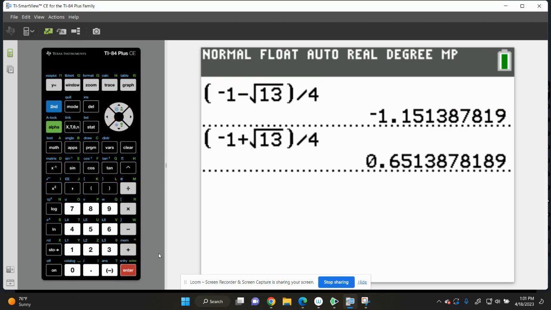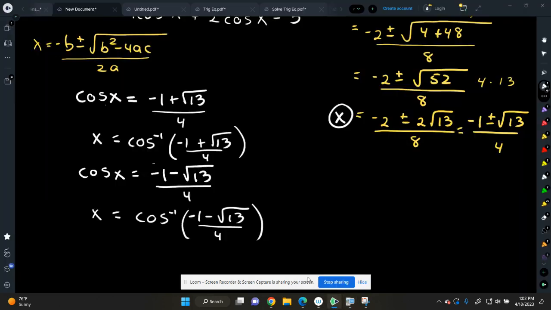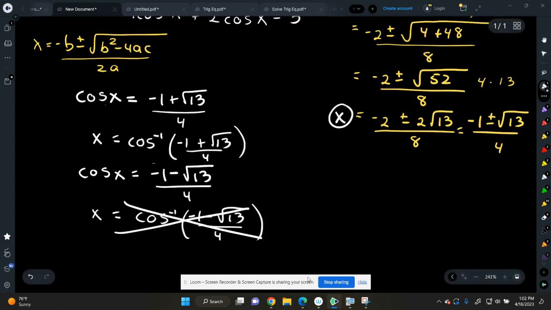That's within the space that I need. Okay, so I get 49.35, right? So this one right here, this did not work. This one did. So x equals 49.35. Everybody understand what we did there?